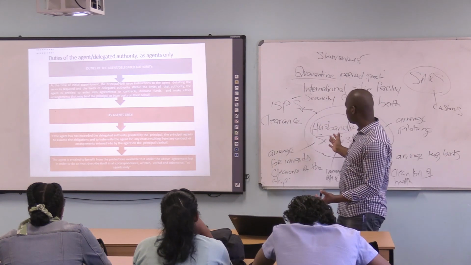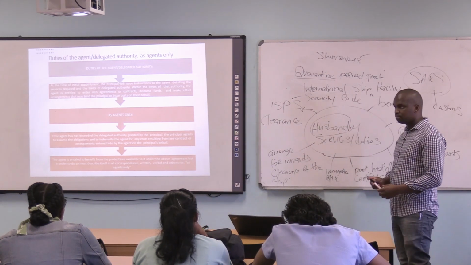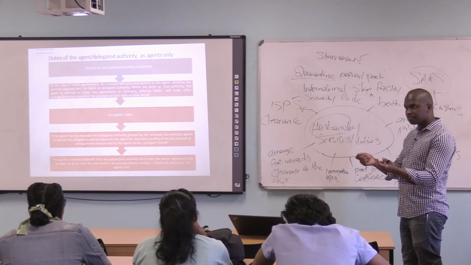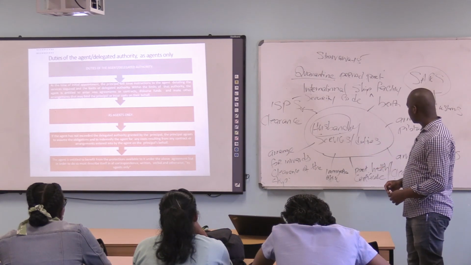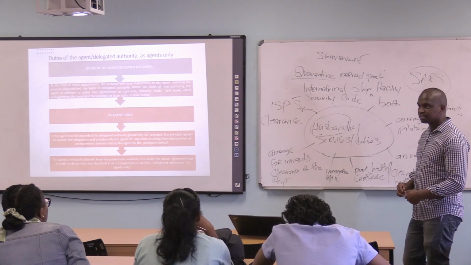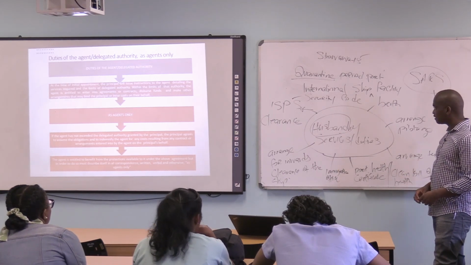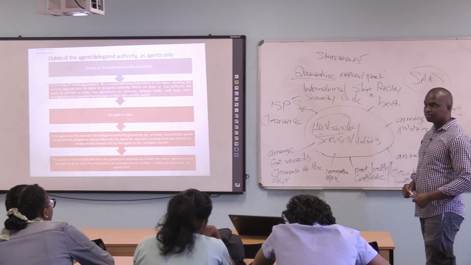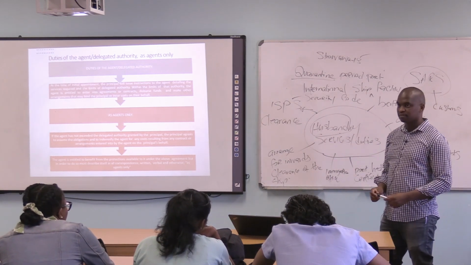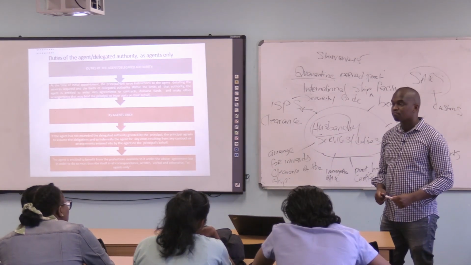What services are going to be charged a certain fee? What do you think are the services that ships will have to pay for when they come into port? Anyone?